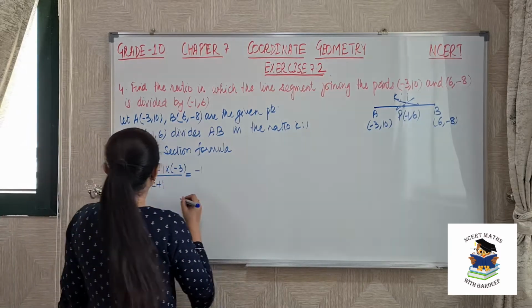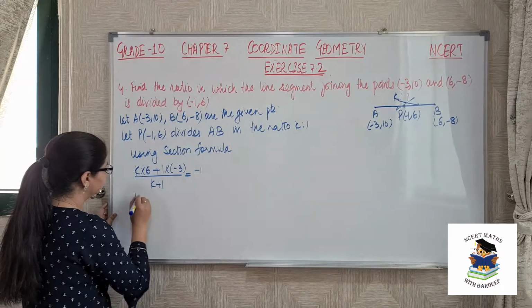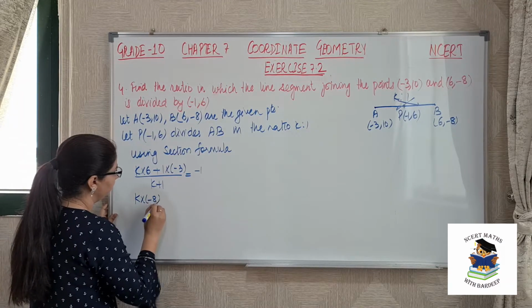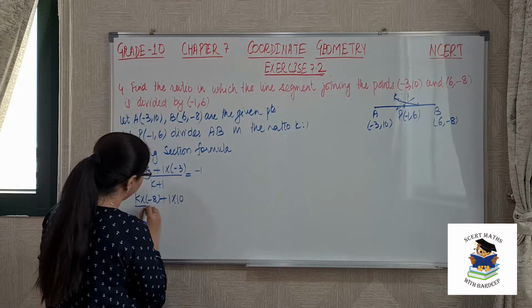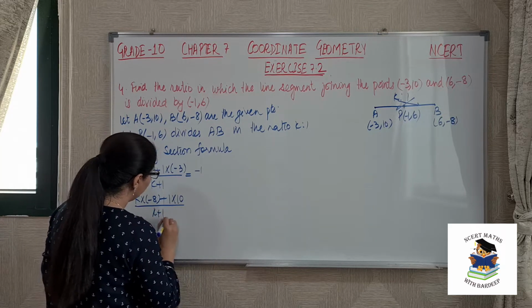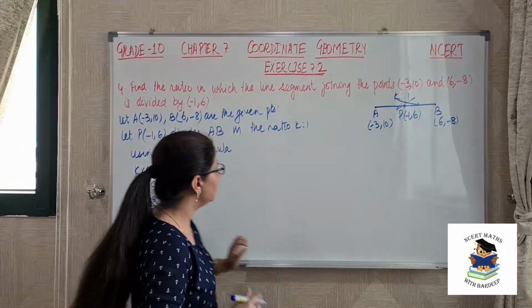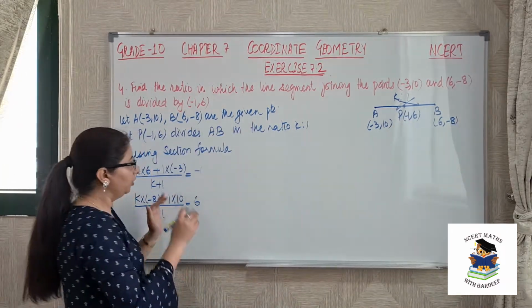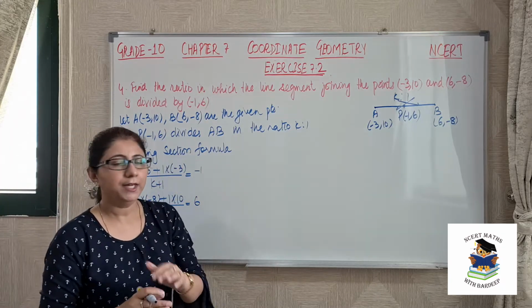Okay. And what is y coordinate? Again k into -8 plus 1 into 10 over k plus 1 should be equal to your y coordinate. So this is 6.